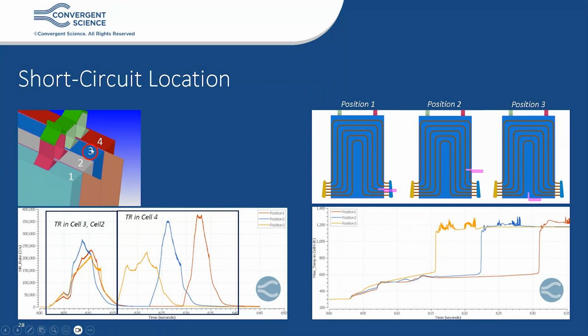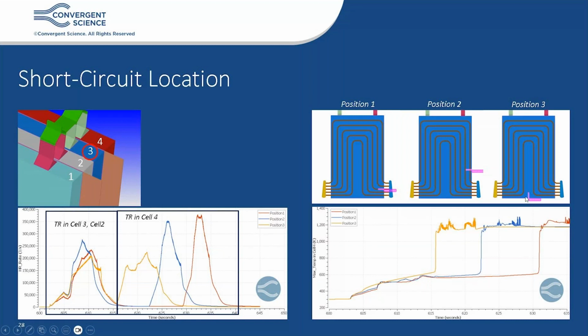We triggered this thermal runaway in cell 3 using a local short circuit source. But we found that if we place the short circuit source near the cooling design or the cooling pathways for this cooling fin, we saw a delay of around 15 to 20 seconds for position 1 for cell 4 to go to thermal runaway, shown in red.